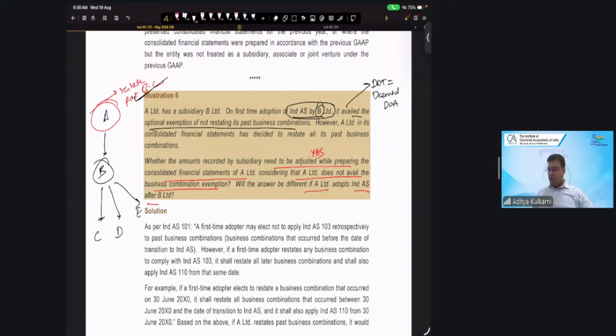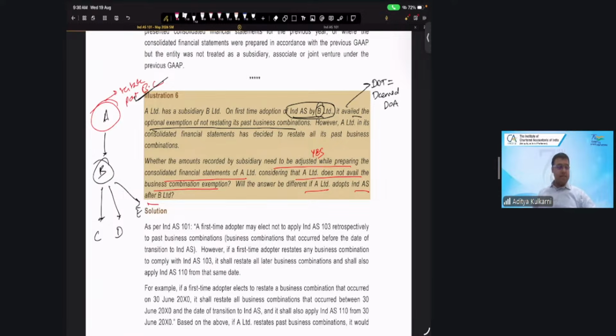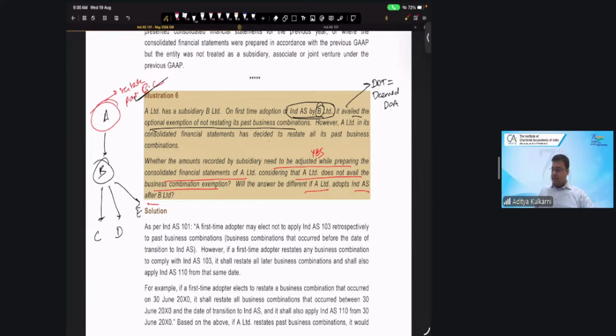It availed the optional exemption of not restating its past business combinations. Yes, sir. However, A Limited in its consolidated financials has decided to restate all the past business combinations.